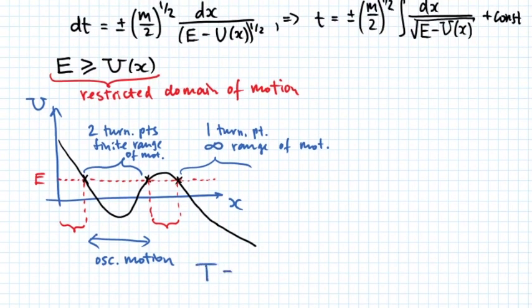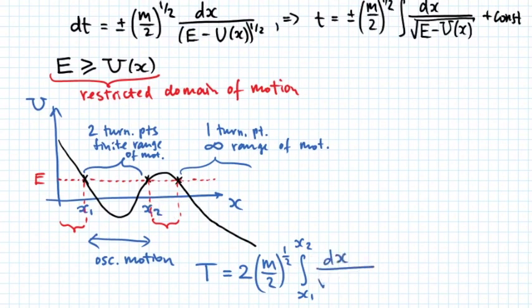It's going to be given by 2 times the square root of m over 2, integrated from point x1, the first turning point, to point x2, the second turning point, of dx over the square root of energy minus U of x, which we can further simplify.